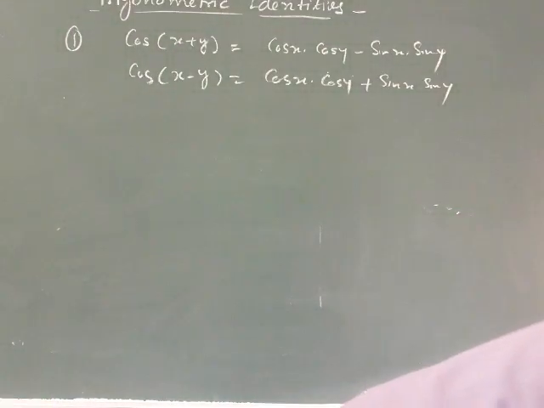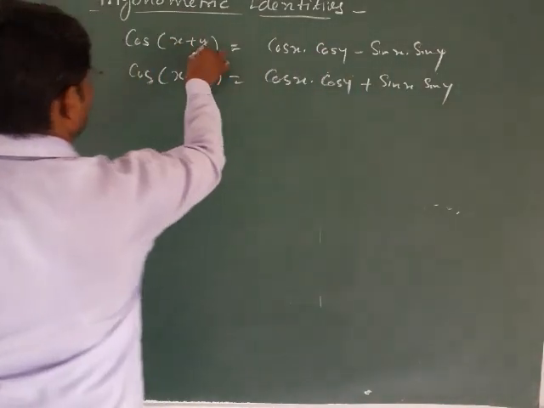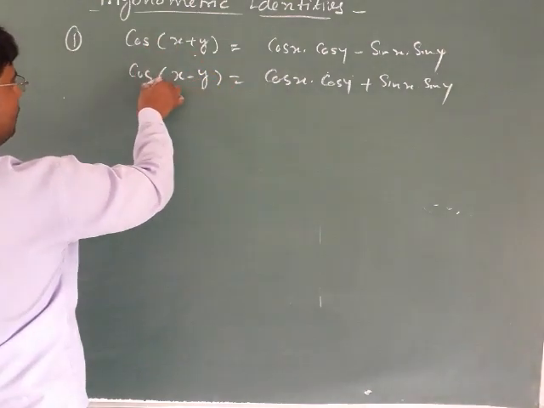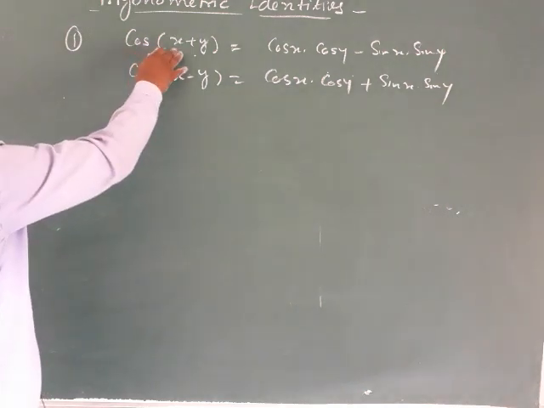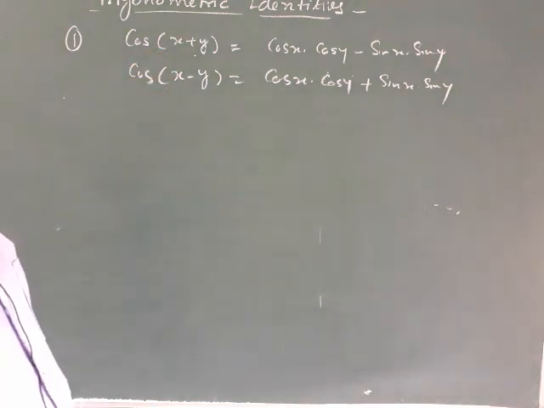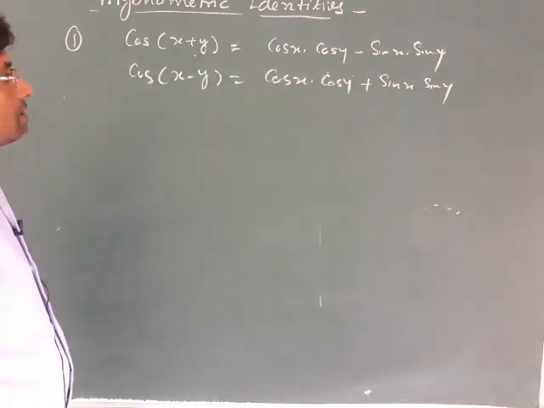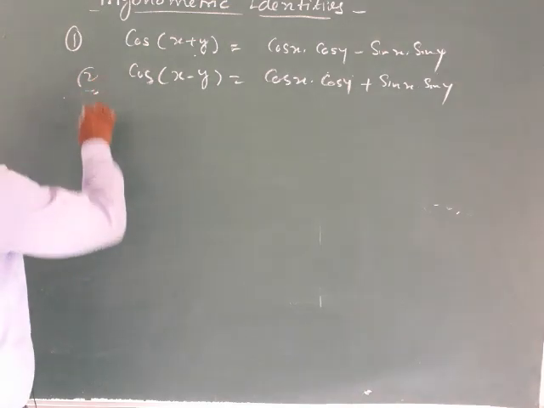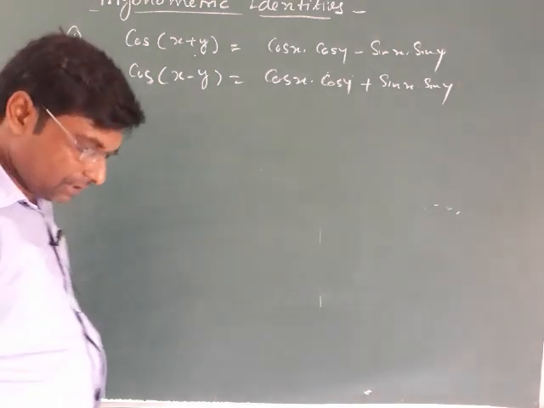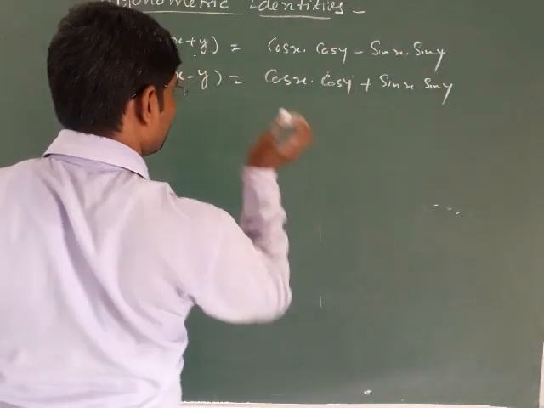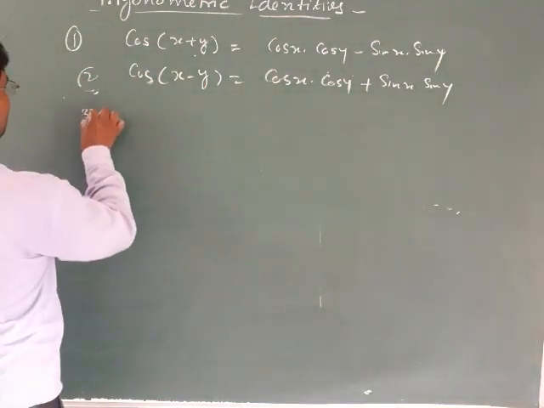So these are the sum of two angles and difference of two angles in trigonometric ratios. Cos(x plus y) is equal to cos x cos y minus sin x sin y, and second, cos(x minus y) is equal to cos x cos y plus sin x sin y.